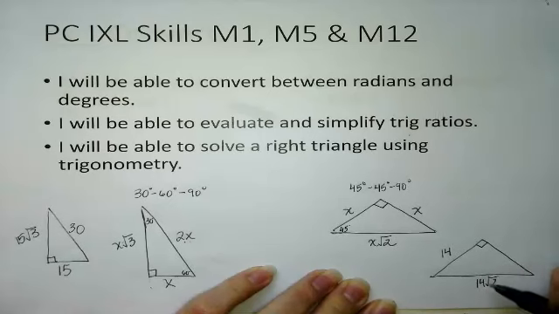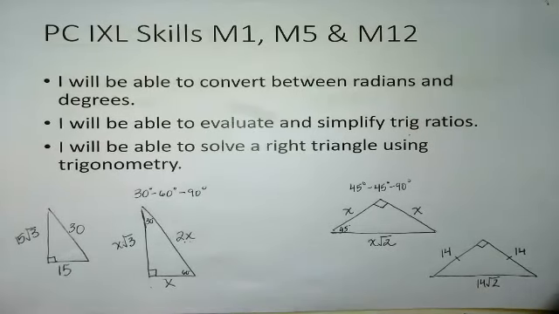This other side then would have to be 14 as well. So pretty cool that you can pay attention to those sorts of things, and it can help you out with exact answers. So keep that in mind.